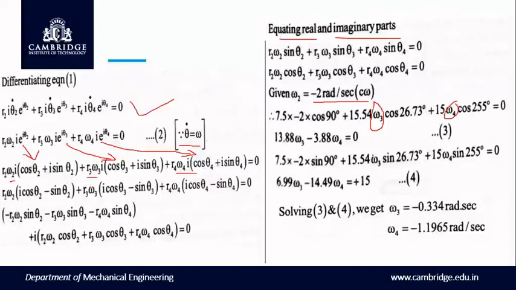So we have 2 equations and 2 unknowns, that is omega 3 and omega 4. On solving the simultaneous equations, we can calculate omega 3 and omega 4. So we got these values, minus 0.334 and minus 1.19 radians per second. So this is the velocity analysis by the complex algebra method example problem.